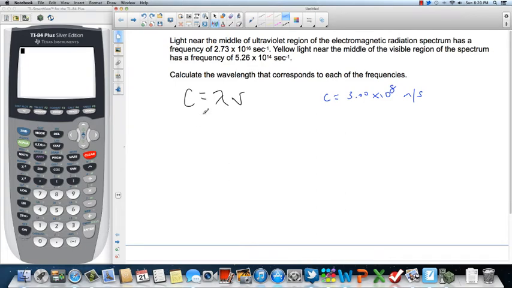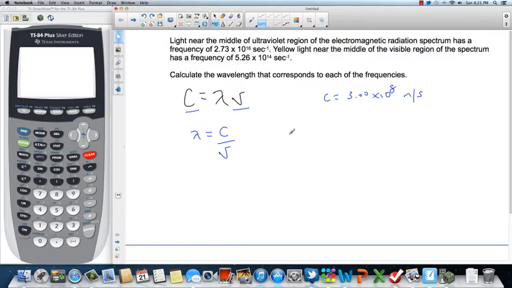So we want to know the wavelengths that correspond to the frequencies, and we know the speed of light, so we know c, and we know frequency, so we're trying to calculate for wavelength. I like to do the arithmetic up front to understand that the wavelength is going to equal c divided by the frequency. If we're dealing with the ultraviolet region, we'll use purple for the first example.